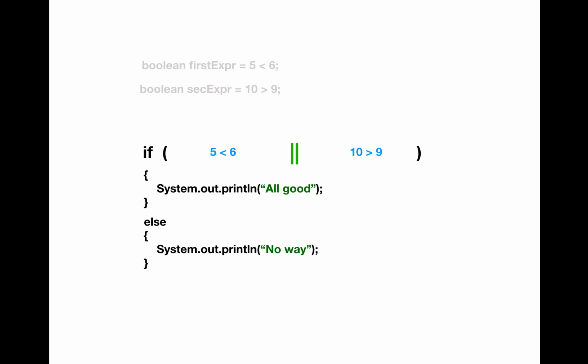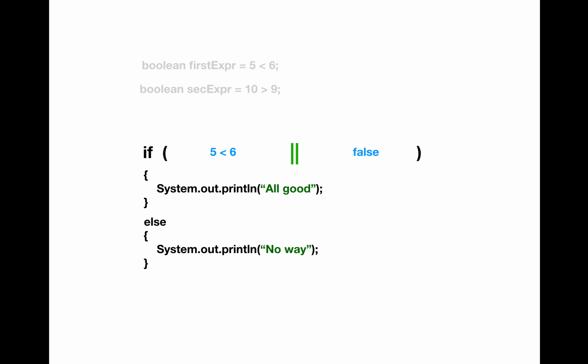So we would be saying if this expression evaluates to true, print out all good, otherwise print out no way. In this case, we would print out all good because our comparison between the left side and the right side ends up being true.